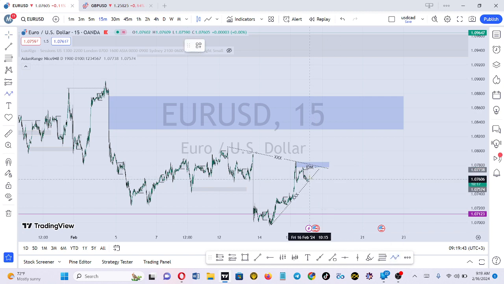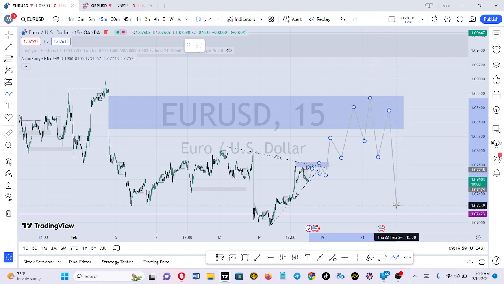From here it will do this. It might actually come back here and boom, up here, do this again, come here and sell off. That is actually one thing the market could do, according to me.